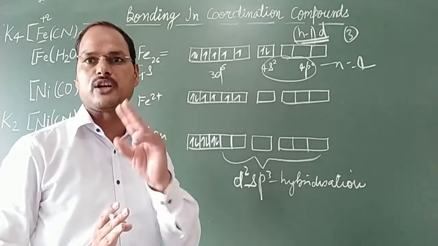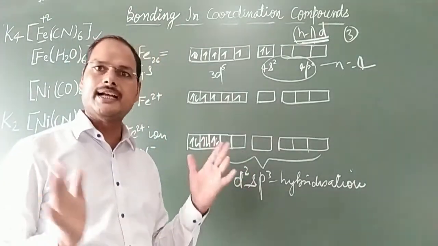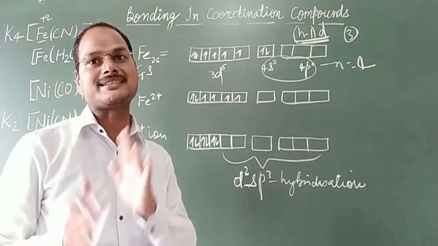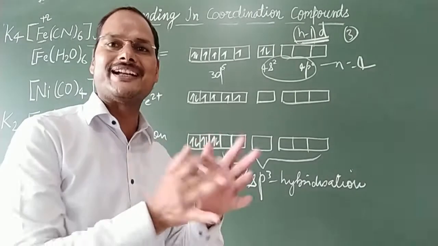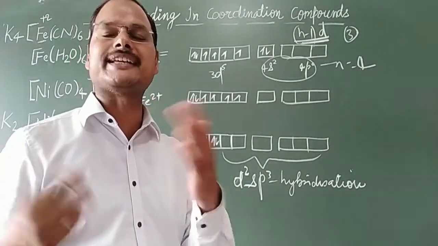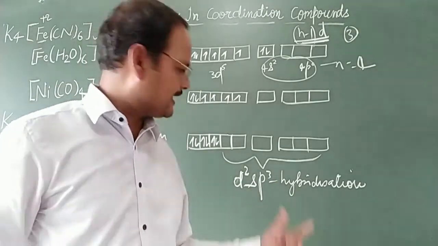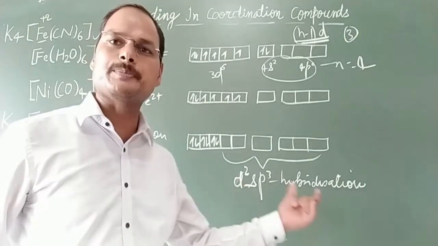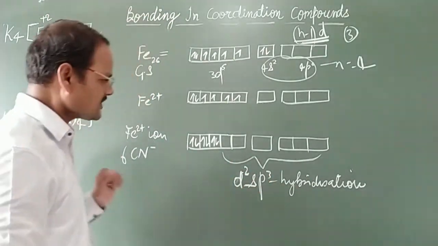It will donate a pair of electrons to the central metal atom's orbital, and a coordinate bond will form. It means 6 coordinate bonds will form between 6 ligands and the central metal. And 6 coordinate bonds means 6 coordination number means octahedral geometry, and hybridization is d2sp3. I hope you understand up to this point.